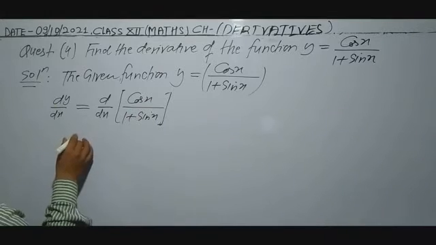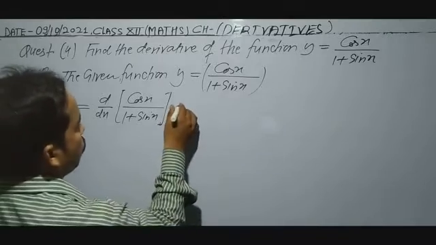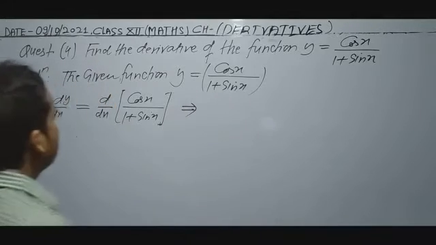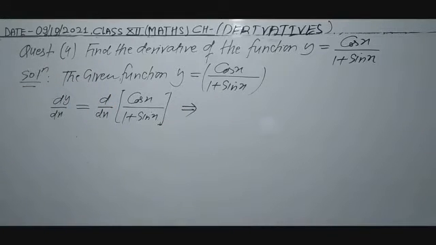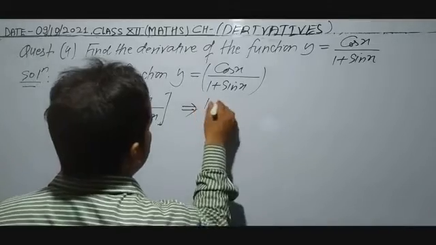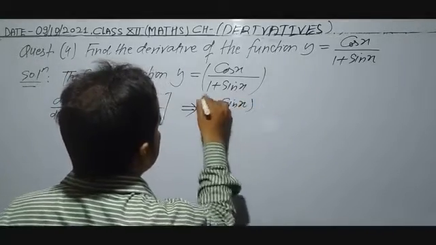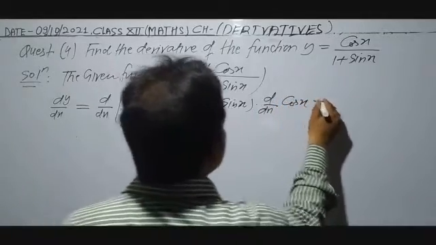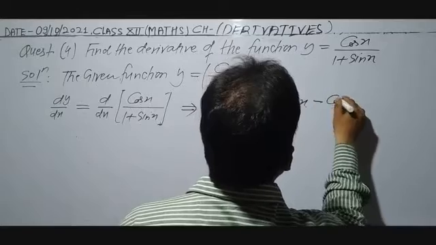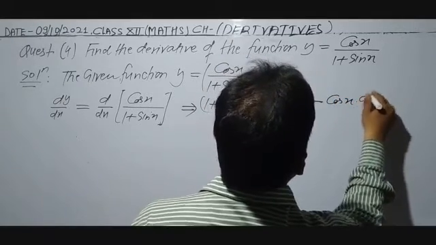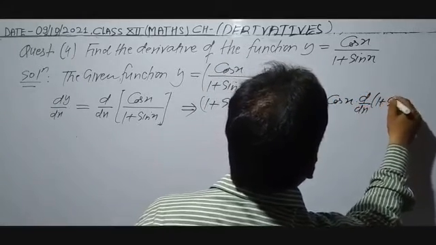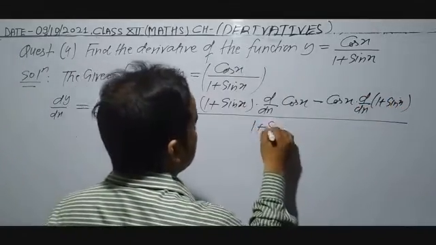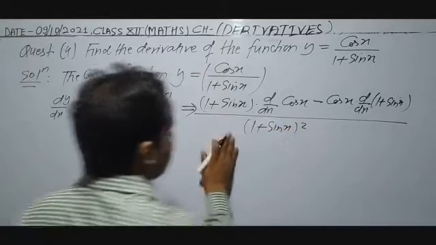And this expression we can write by using the quotient rule. The terms will be g(x) into d by dx of f(x) minus f(x) into d by dx of 1 plus sin x, whole upon 1 plus sin x whole square.